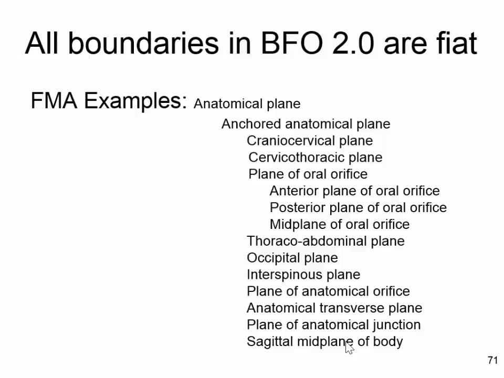This is a list of some boundaries: the anchored anatomical plane, the craniocervical plane, the posterior plane of the oral orifice. I can sort of imagine what that is. The thoraco-abdominal plane. These are lines drawn through the organism to correspond to lines that you might draw in a diagram of the organism.